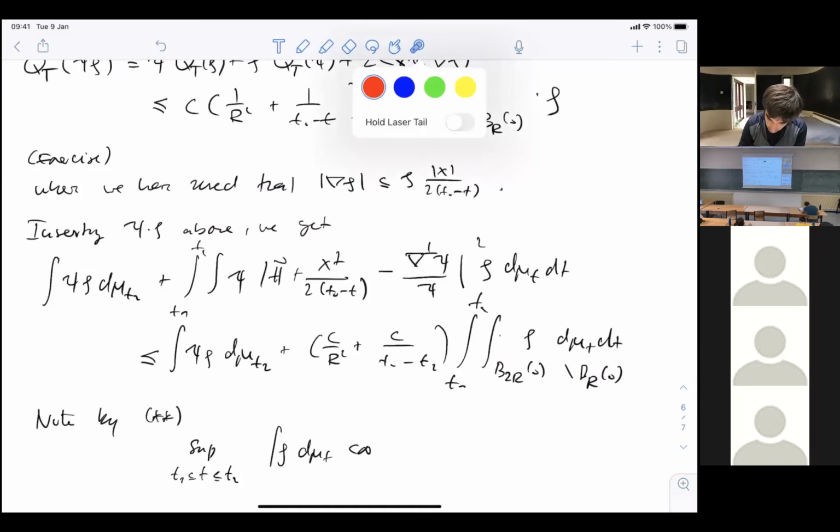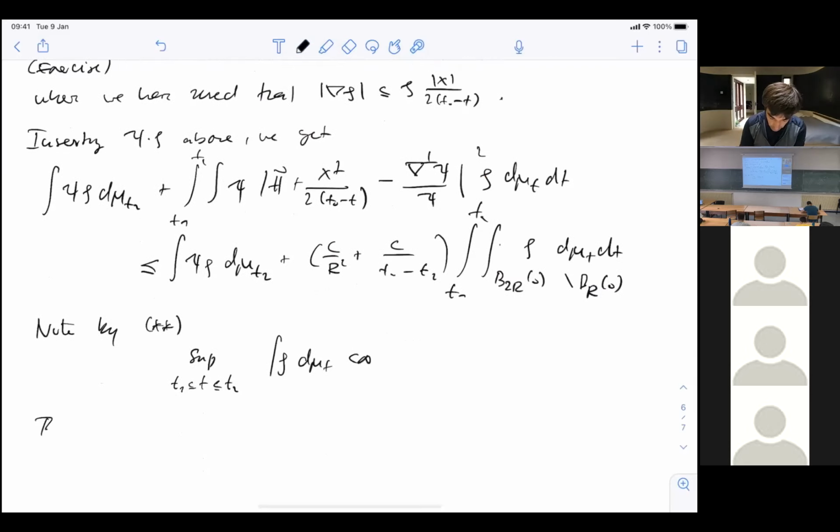And the other term you have to think about is this term here. You get a cross term here, but the cross term is okay because we have this other factor of psi. Then we get a term where this term is squared, but that term also is okay because we get something in the end which is grad psi squared divided by psi if you multiply in here. And remember, that's bounded by second derivatives of psi. But the support of that function is in an annulus which goes out to infinity, and we're integrating against this rho, which is exponentially decaying. So that term will vanish in the limit.